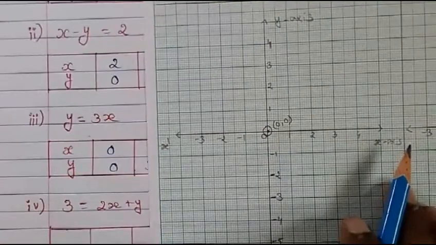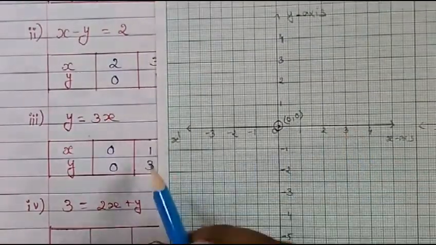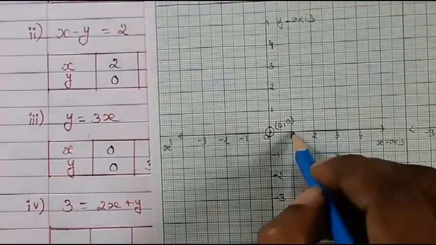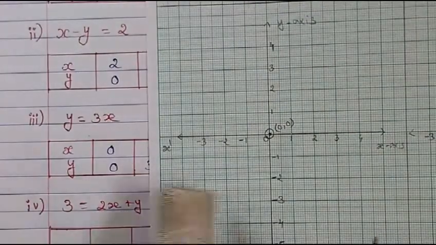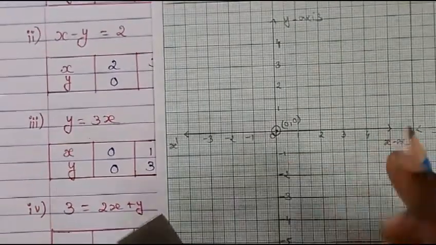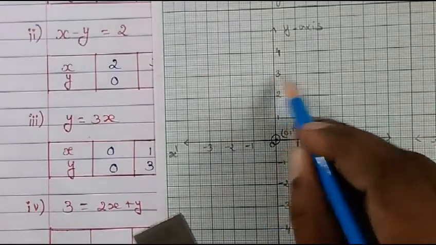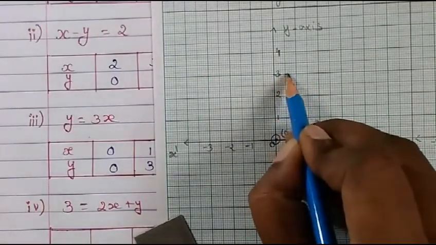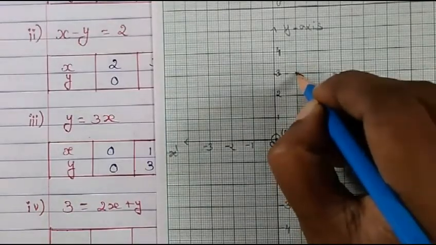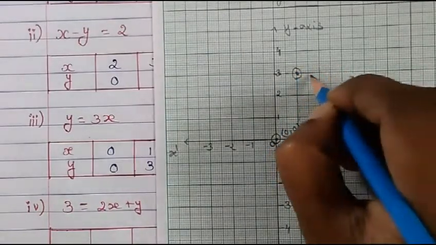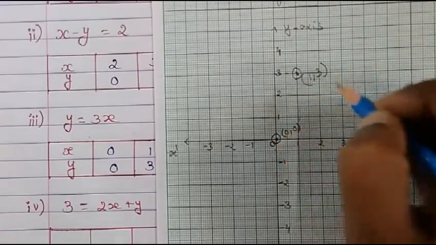Okay, so next x is 1, y is 3. x is here 1, and y is 3. So let's draw the line. x is 1 here, y is 3 here. From here draw the line, from here draw the line, and it will meet at this point. So this is 1, 3. Always you have to write first the x value, then the y value.